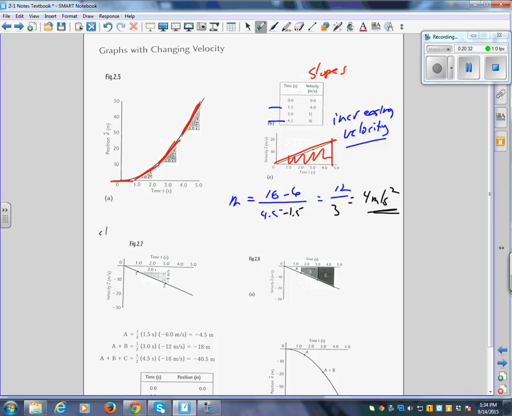The base is 3.5, the height is 14, 24.5 meters. 3.5 times 14 divided by 2 because it's a triangle. Is that what it is? 24.5 meters.